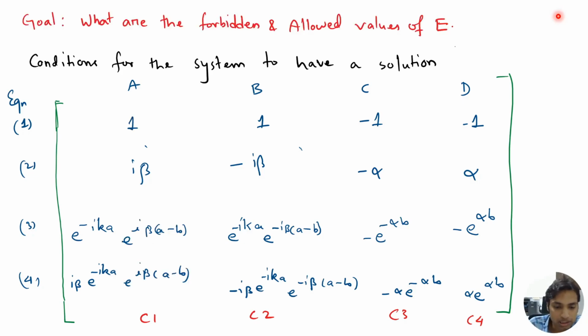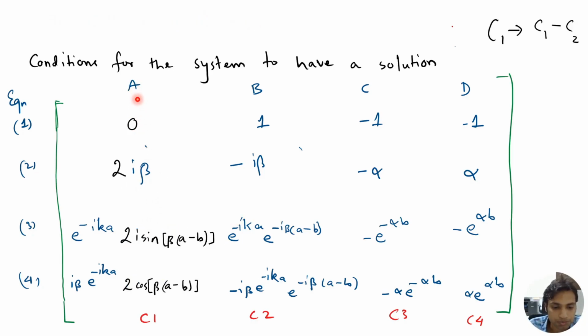So I am replacing this with C1 minus C2, means I will subtract this from this. So 1 minus 1 is 0. I beta minus minus I beta is 2 I beta. So that's what I have used. So I have done this operation.